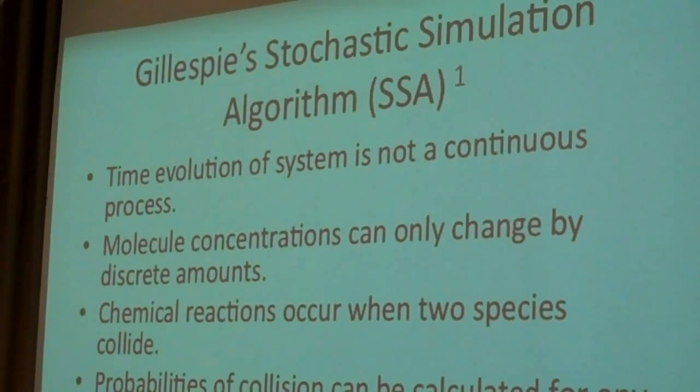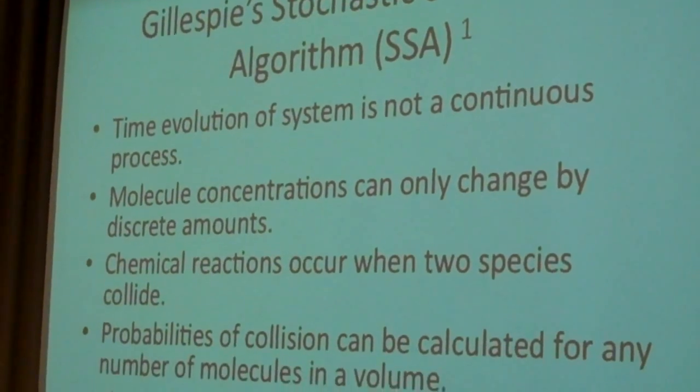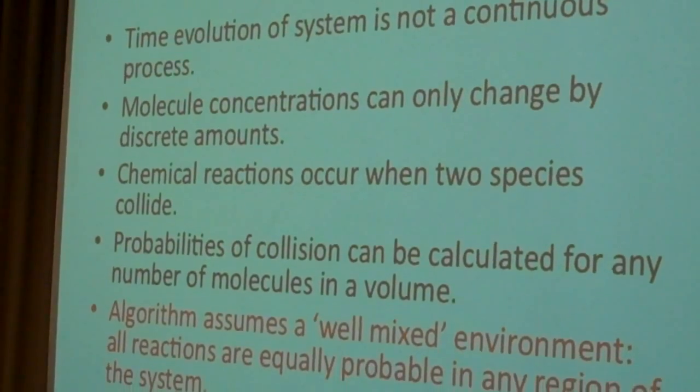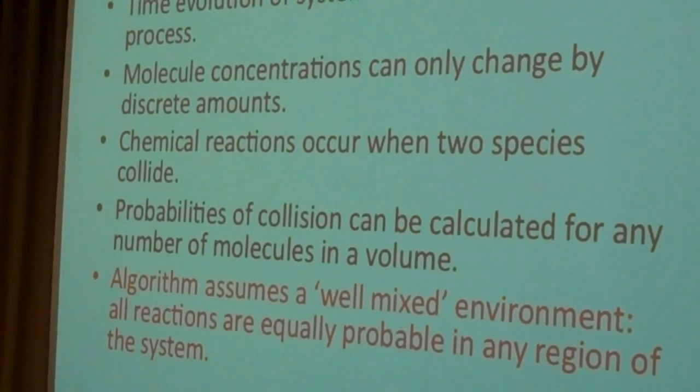Molecule concentrations can only change by discrete amounts. You can't get fractions of an atom or fractions of a molecule. Chemical reactions occur only when two species collide. They don't just, floating around, things just happen. And we can calculate the probabilities of these reactions and collisions for any number of molecules in a volume.